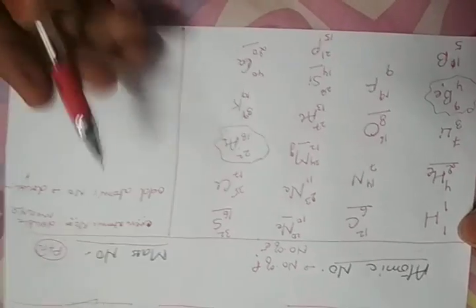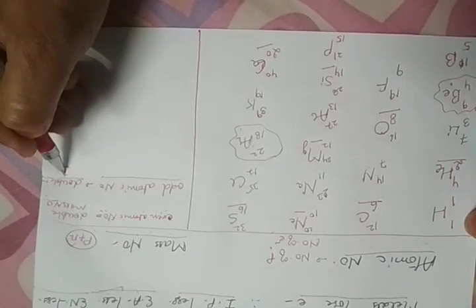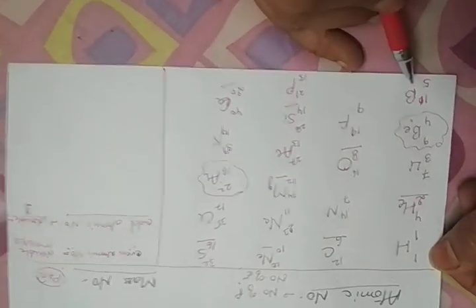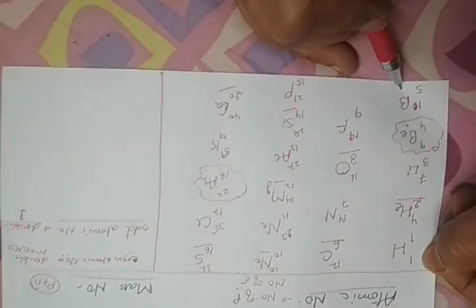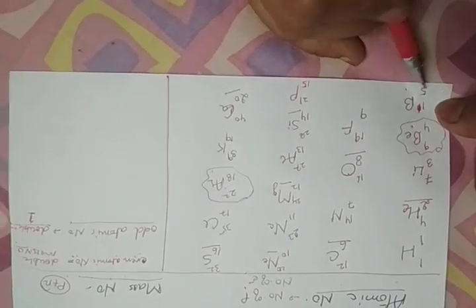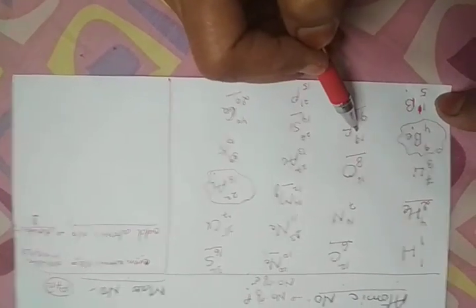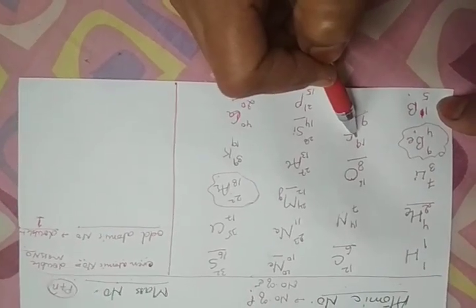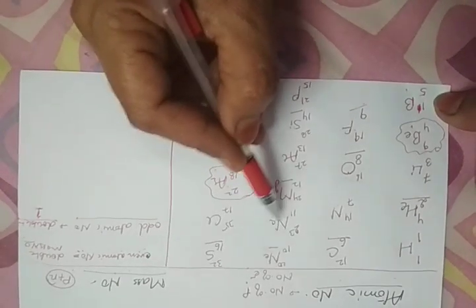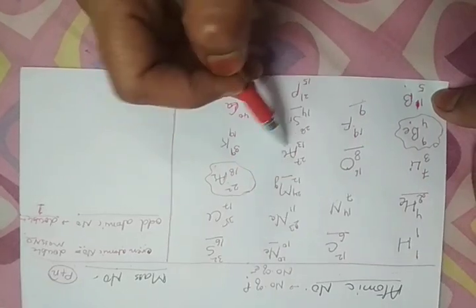If the atomic number is an odd number, then the mass number will be double plus 1. For example, boron: 5 double is 10, 10 plus 1, 11. Then fluorine, 9 double is 18, 18 plus 1, 19. Sodium, odd number 11 double 22 plus 1, 23.